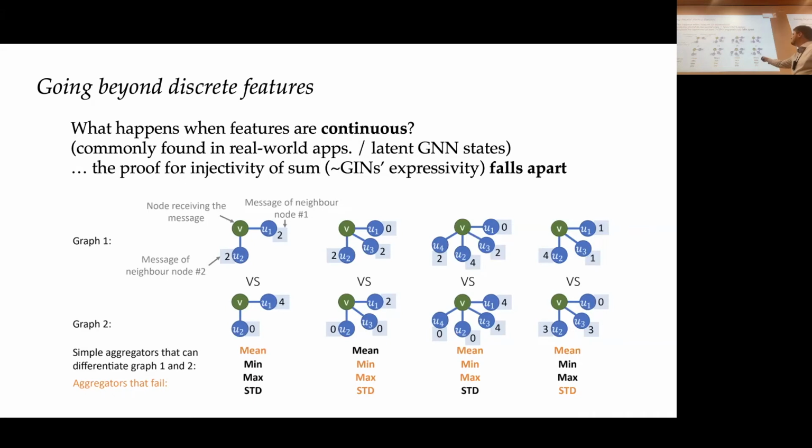If you look at it, 0242 and 0044, clearly they're different, so they should be non-isomorphic, but averaging or summing doesn't tell them apart. Minimum doesn't tell them apart, maximum doesn't tell them apart. In fact, you need standard deviation to tell them apart, okay? And for some others, standard deviation is not a good idea. So it seems to be much trickier in this continuous setting to talk about what's the best aggregation function.